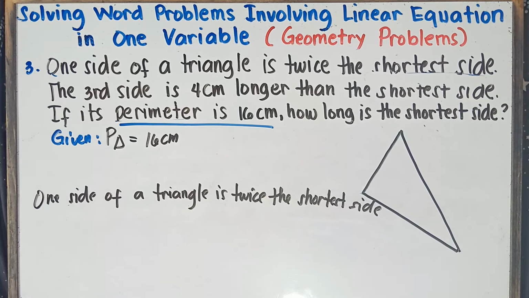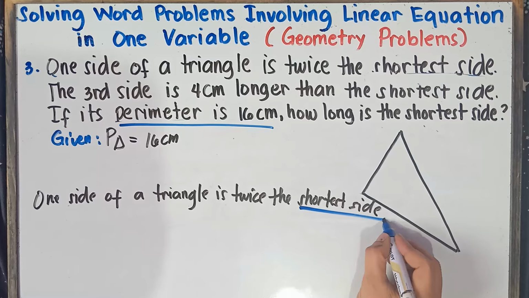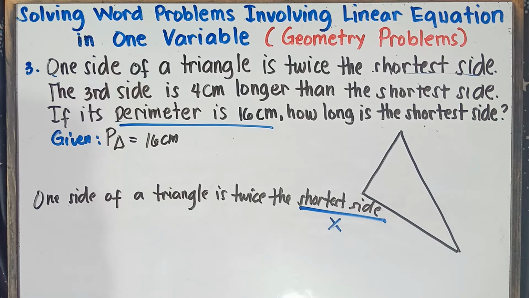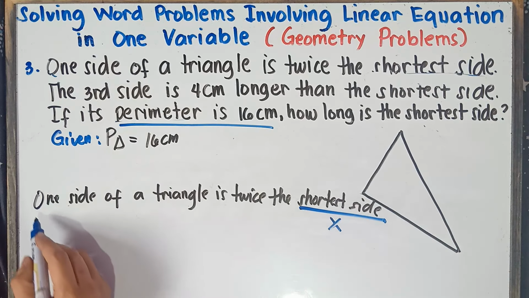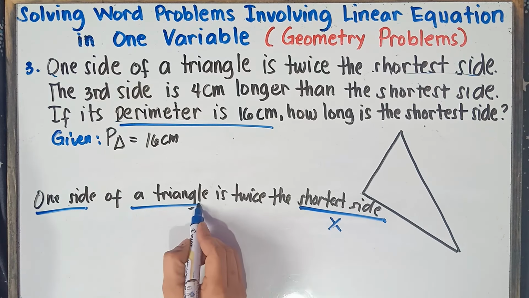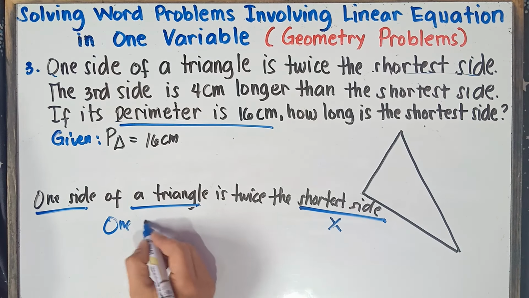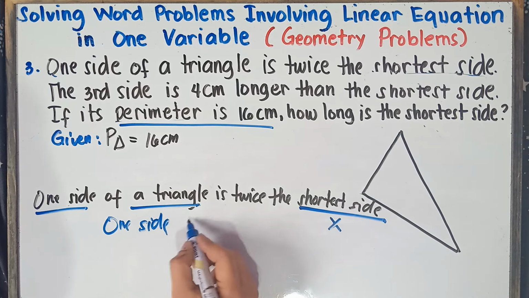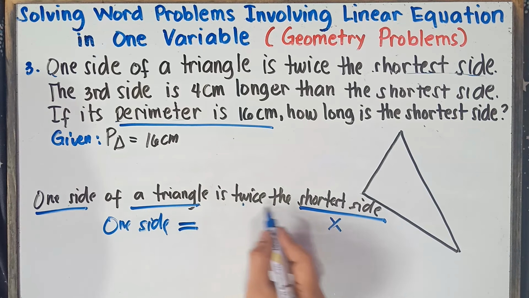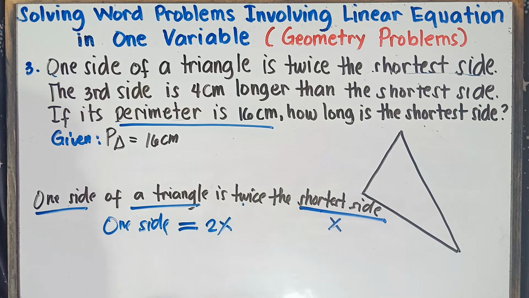Now, the problem here, class, we don't have any idea for the shortest side. So, therefore, we let x be the shortest side. Because we know that one side of a triangle is equal to twice the shorter side. So this will be 2x.